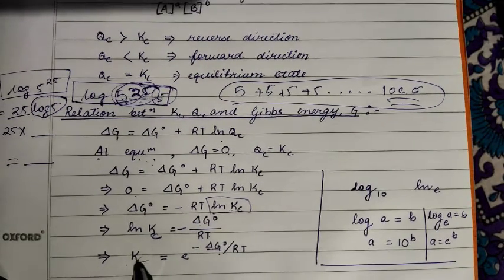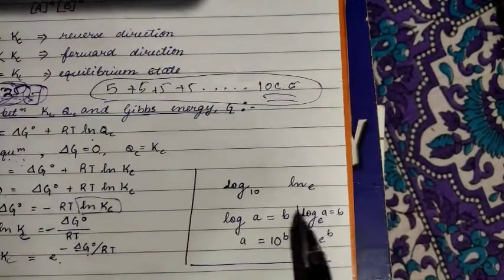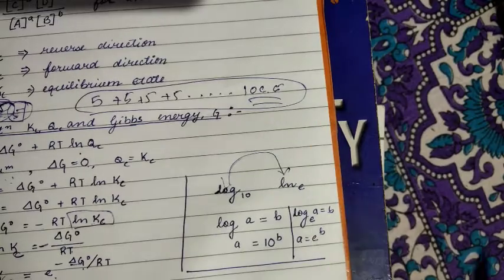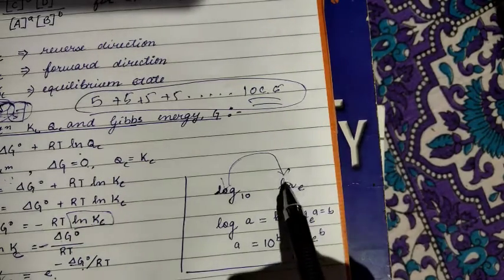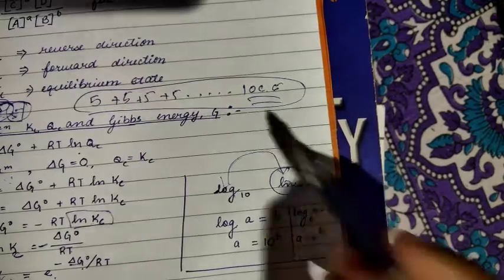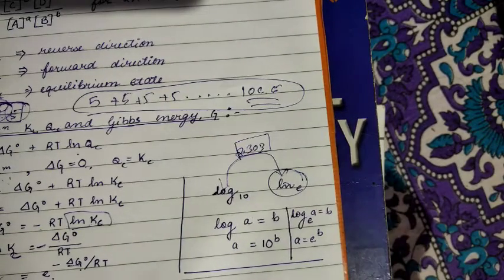So KC equals, now here we have to use one formula. Log and ln formulas are similar. Whenever you have to convert ln to log, there is one conversion factor, that is 2.303. I have already explained this, right?